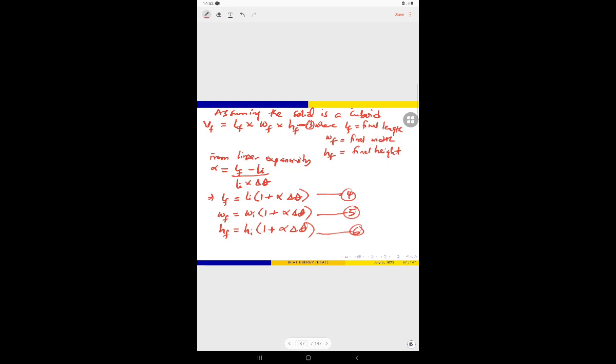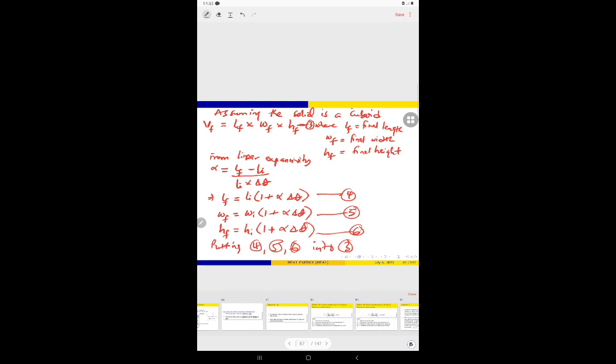So you put 4, 5, and 6 into equation 3. And when you put it and beautify it, just like what we did previously, you get your Vf to be Li times 1 plus alpha delta theta, times Wi times 1 plus alpha delta theta, times Hi times 1 plus alpha delta theta.